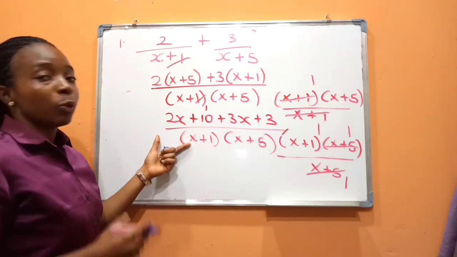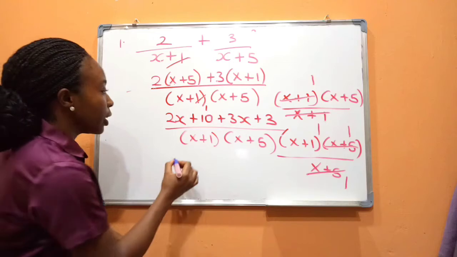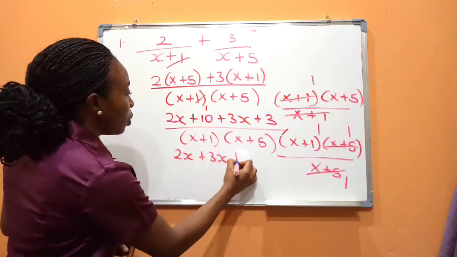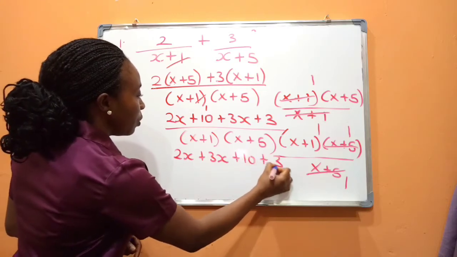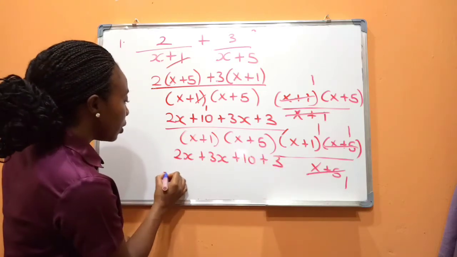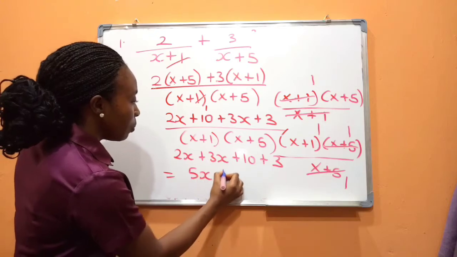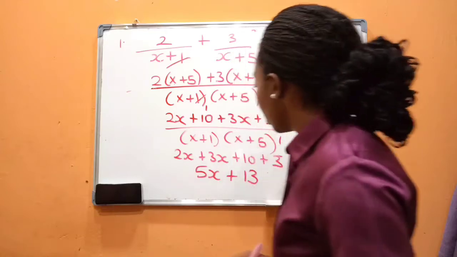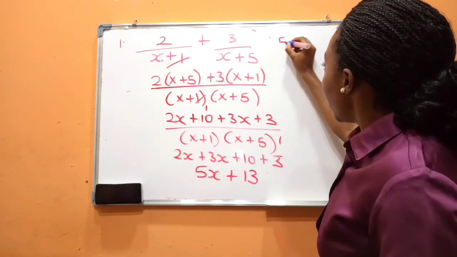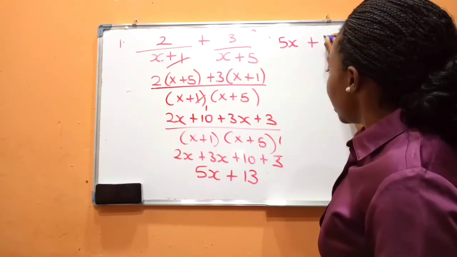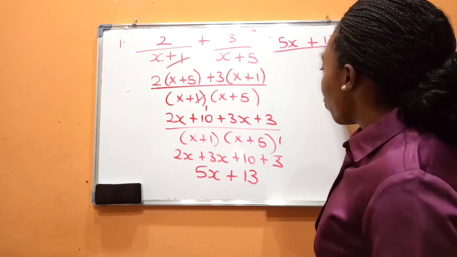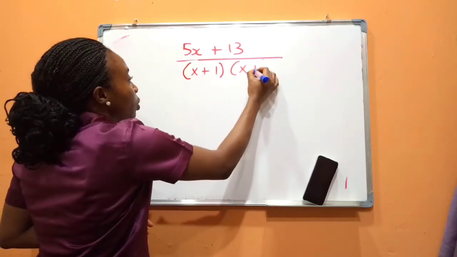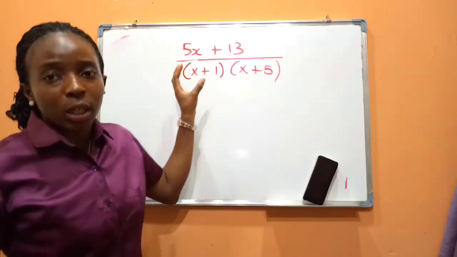So what we do here, we collect the like terms: 2x plus 3x, plus 10 plus 3. So we are now going to have 5x plus 13 over x plus 1 and x plus 5. So this is our answer.